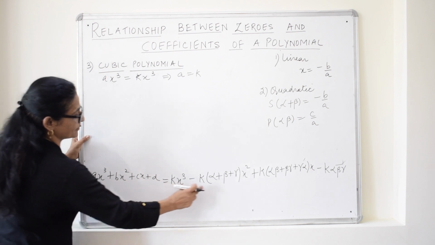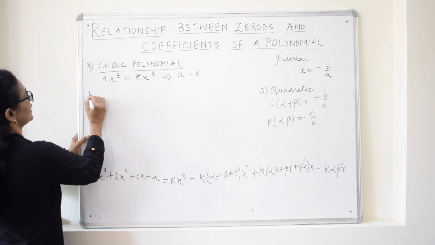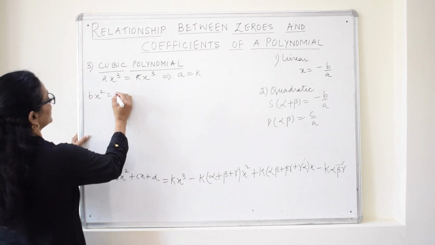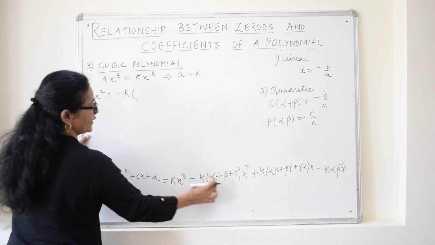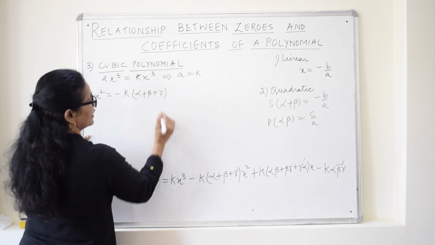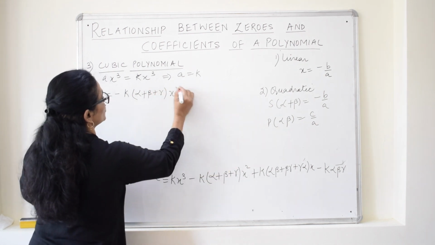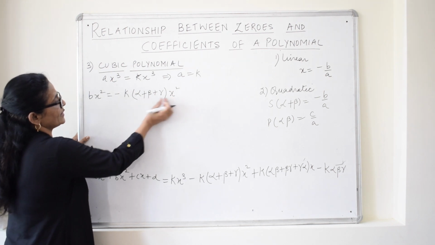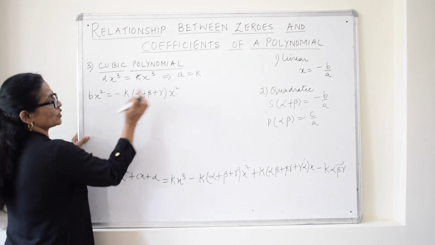The second term, that is bx square. Bx square is equal to minus of k into alpha plus beta plus gamma into x square. On the right hand side you can see three quantities are multiplied, x square cancelled.